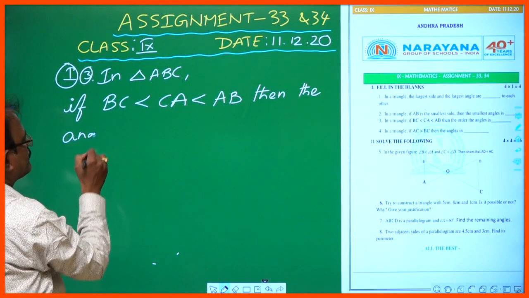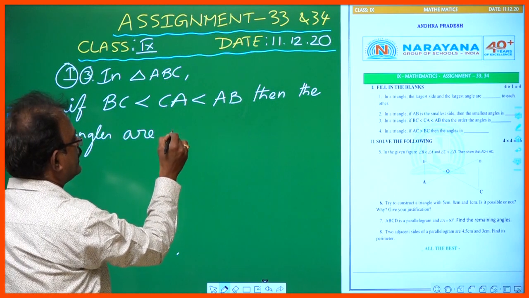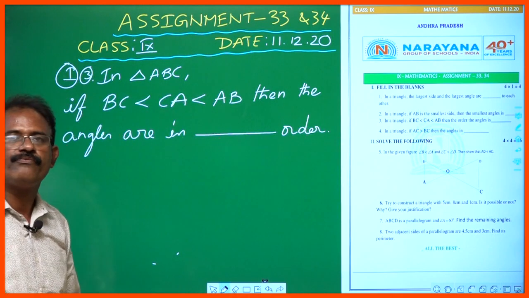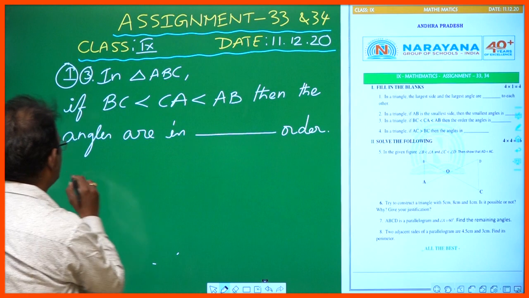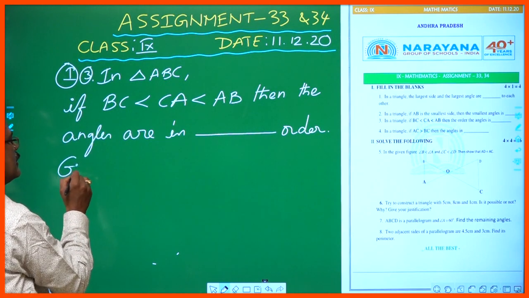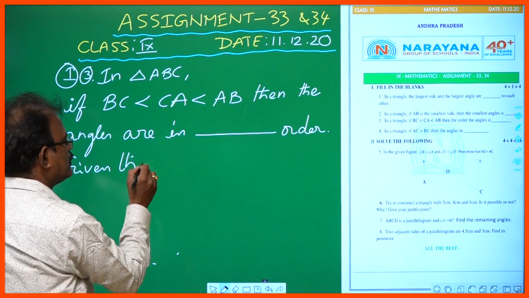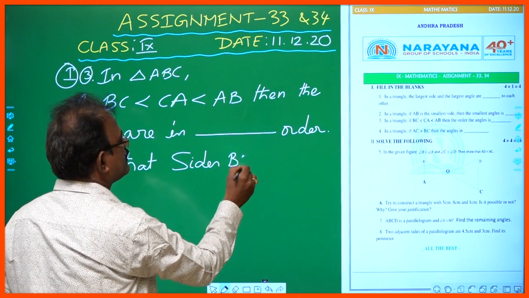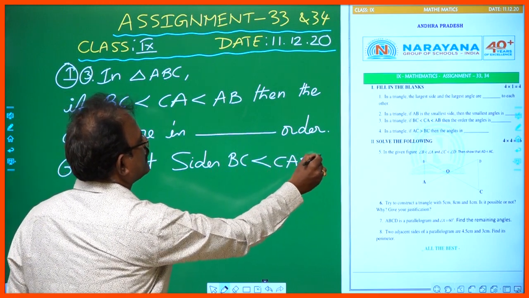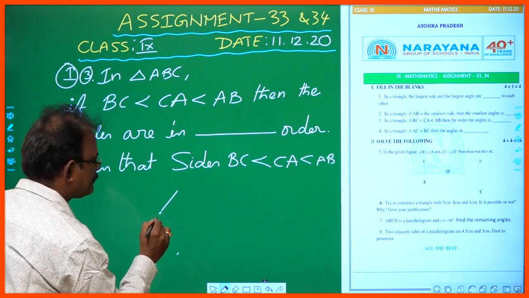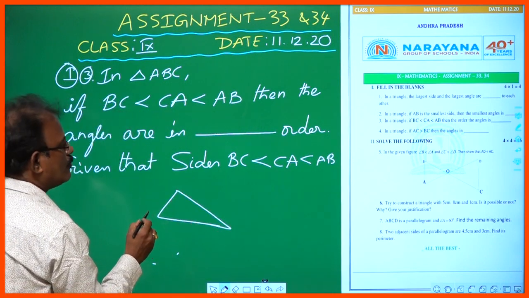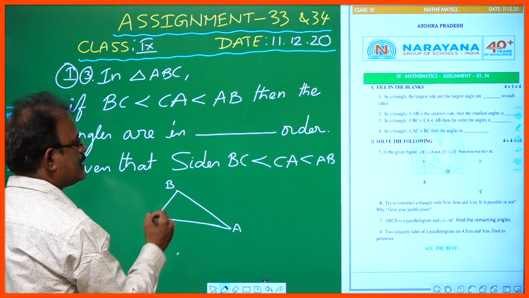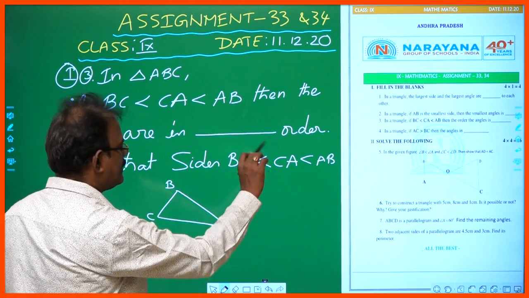The angles are in dash order. See here, say for example, what are the sides? Given that the sides are in this order, BC less than CA less than AB.